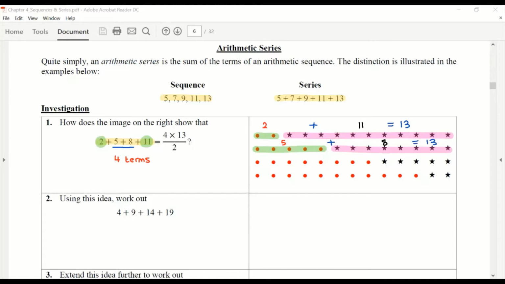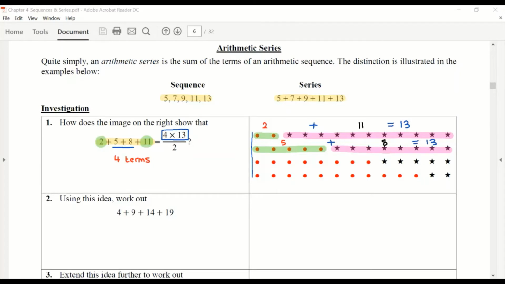Now we have 4 rows on here, which indicates why we have 4 lots of 13 in the numerator of that calculation, because there are four rows of shapes going down here. Now, why would we have 4 rows of shapes? Well, where does the 4 come from?